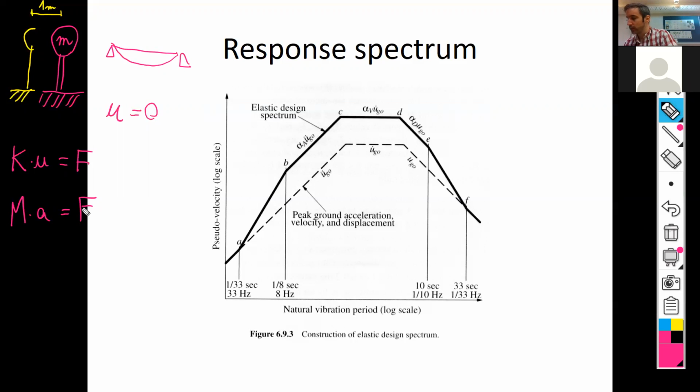Okay, so if we have this other scenario, where the ground is moving but the mass is not moving, then even though the ground is accelerating, we're interested only in the acceleration of the mass. So this acceleration should be 0 because it is the acceleration of the mass that is going to induce forces, okay?